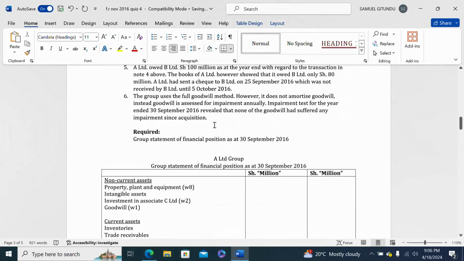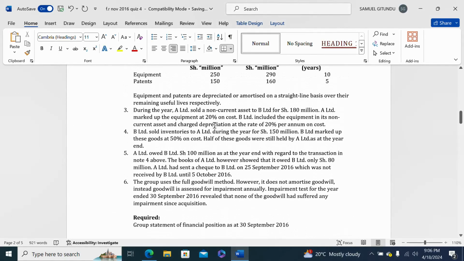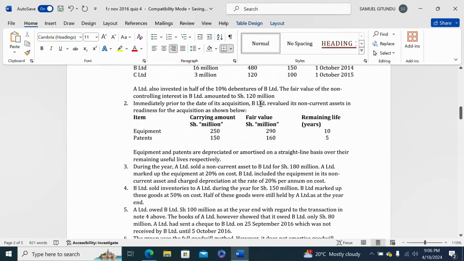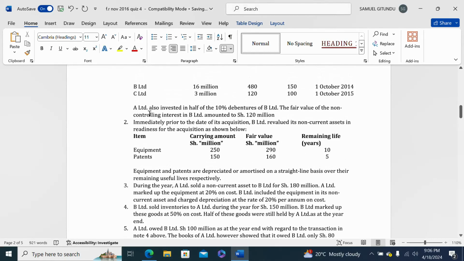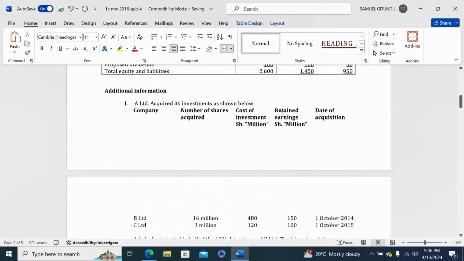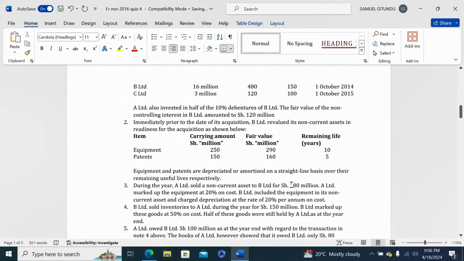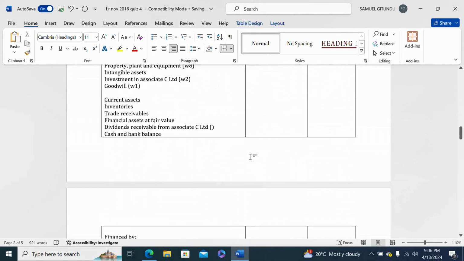We have been told that A Limited also invested in half of the 10% debentures of B Limited. The 10% debentures are 200, so half of them is 100.